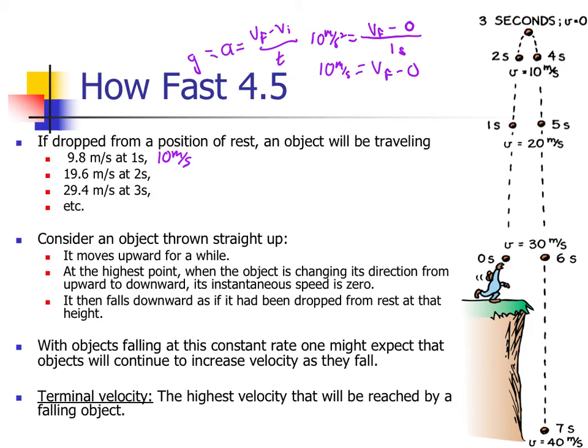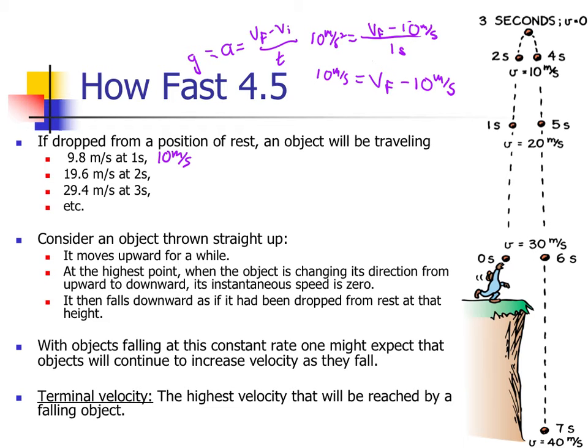Now, what do we do when we get something that's a little bit different? Say that the initial velocity isn't 0 anymore, and that it was 1 second farther down. Well, that would give us this equation. Again, multiplying both sides by 1 will give us 10 meters per second is equal to v sub f minus 10 meters per second.